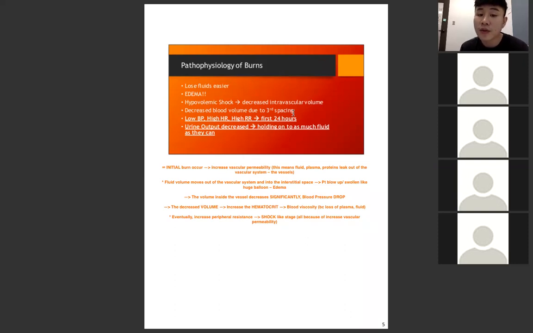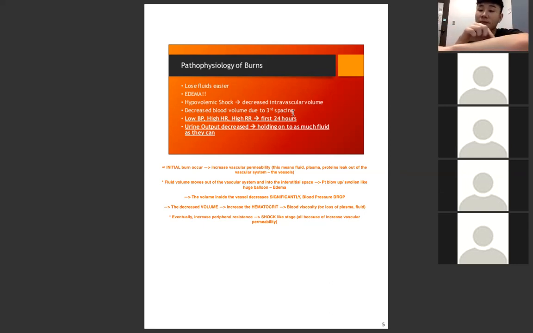So initially when the burn occurs, we will have increased vascular permeability. It means that the fluid, the plasma, and the protein leak out of the vascular system, the vessel. Increased vascular permeability means that, for example, my hand is the blood vessel and the skin around it is the barrier. During a burn, the barrier has many holes in it, which increases the permeability of the substance inside my hand.